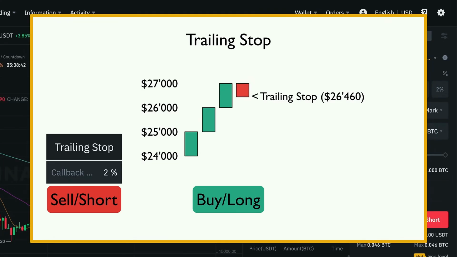But now, if the price falls again, the trailing stop doesn't move because it can only go in one direction. So if the price now falls to $26,460, the short order will be triggered and our long position will be closed with a profit of $2,460. So as you can see, the trailing stop is a great tool to lock in profits and limit losses.